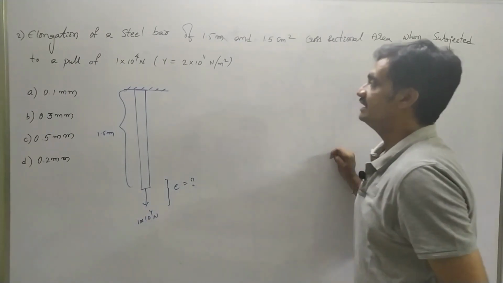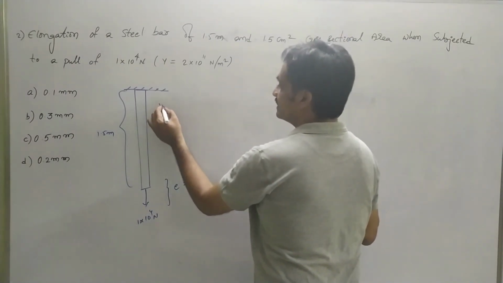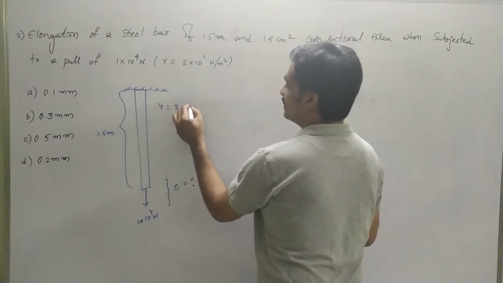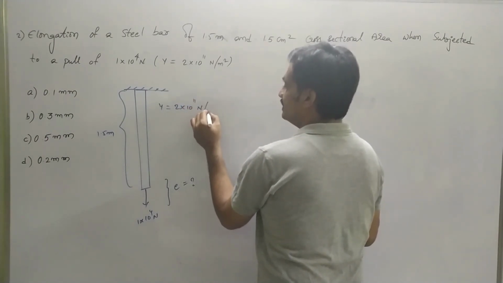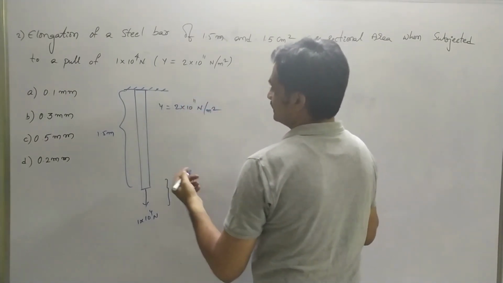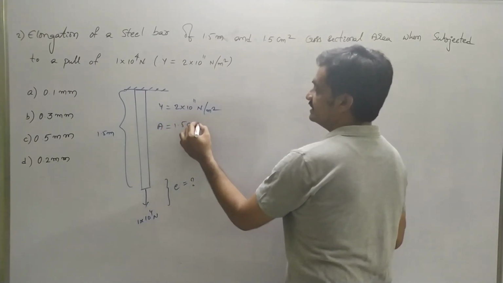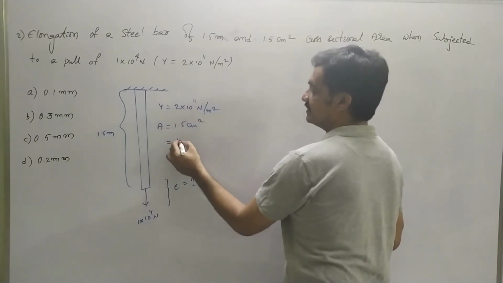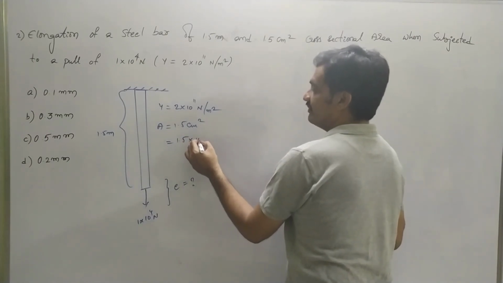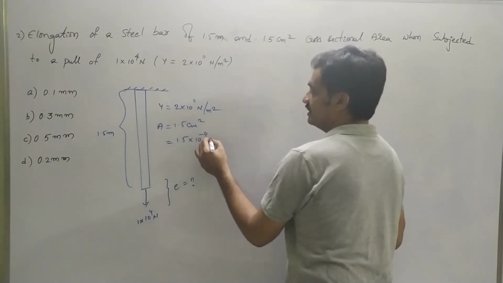We have to find the value of E. Observe that the Young's modulus of the wire is given as 2 into 10 to the power of 11 Newton per meter square, as well as area of cross section is 1.5 centimeter square. In terms of meters, you can represent it as 1.5 into 10 to the power of minus 4 meter square.